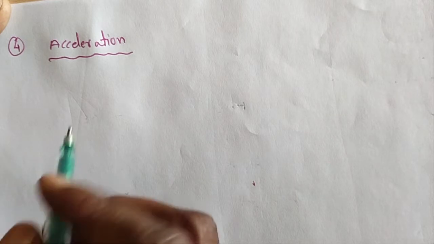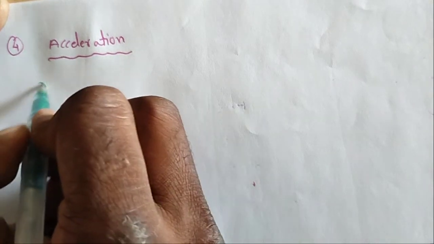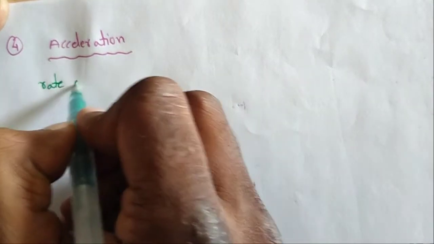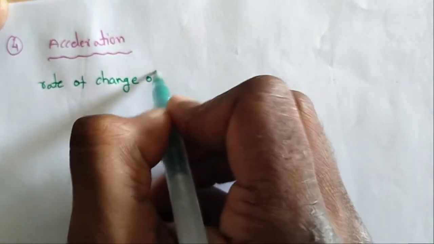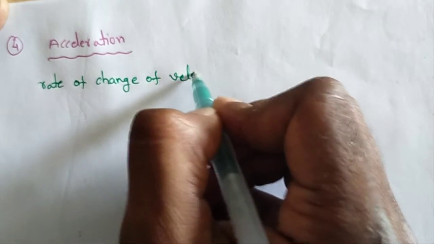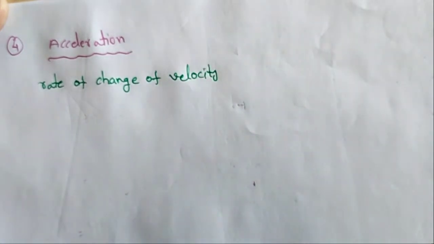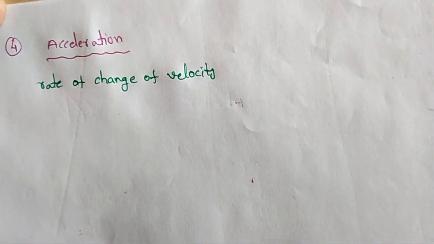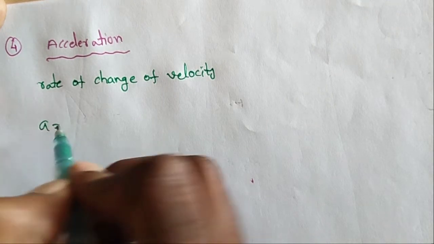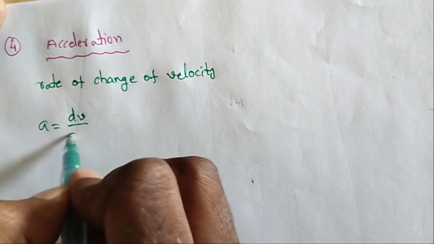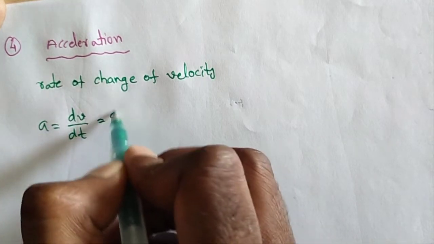Fourth characteristic, acceleration. What is the acceleration? The rate of change of velocity. We know that very well. The rate of change of velocity of a particle with time is called acceleration. So that is a is equal to dv by dt.